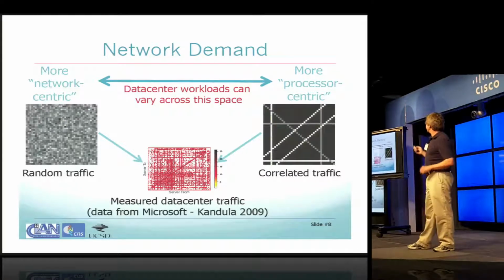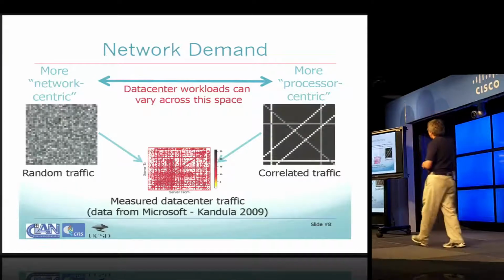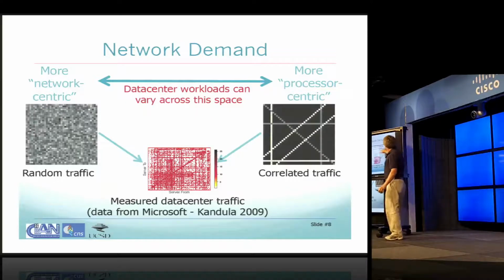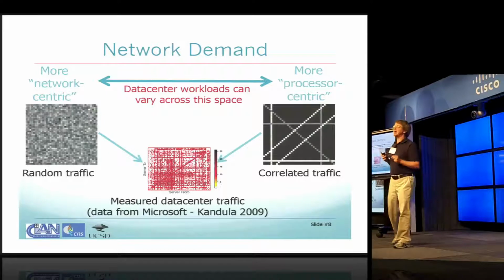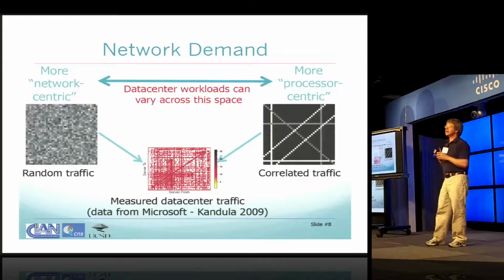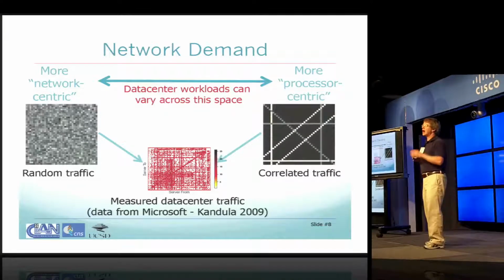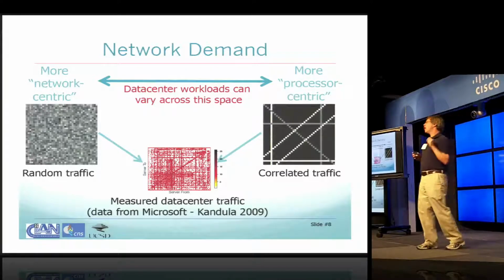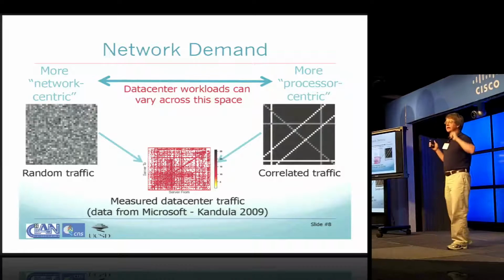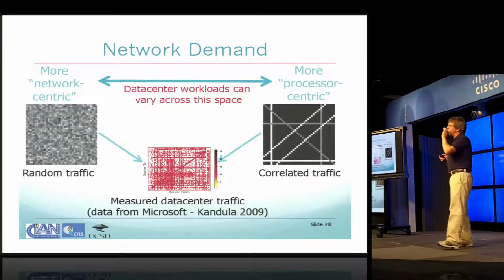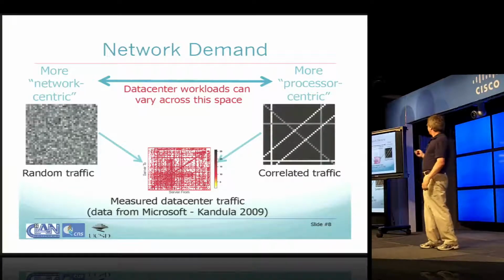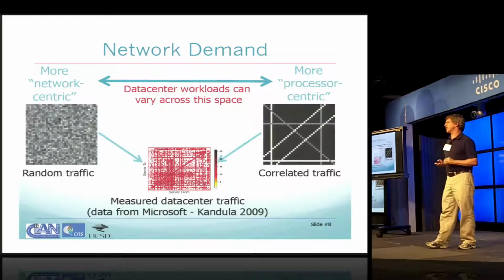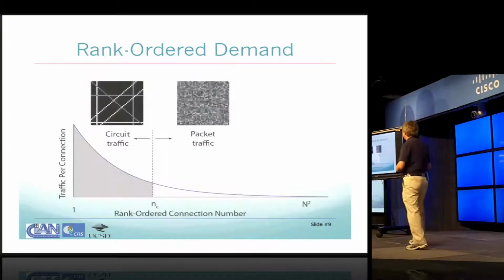And to emphasize that point, what I want to do is take all of these n by n, so there's n squared of these, and I want to ask, at any time instant that I choose to generate some sort of traffic matrix in my network, I want to rank order those connections in terms of the total amount of data that I need to move from one end host to another. And if I do that for certain kinds of workloads, I get something like this.